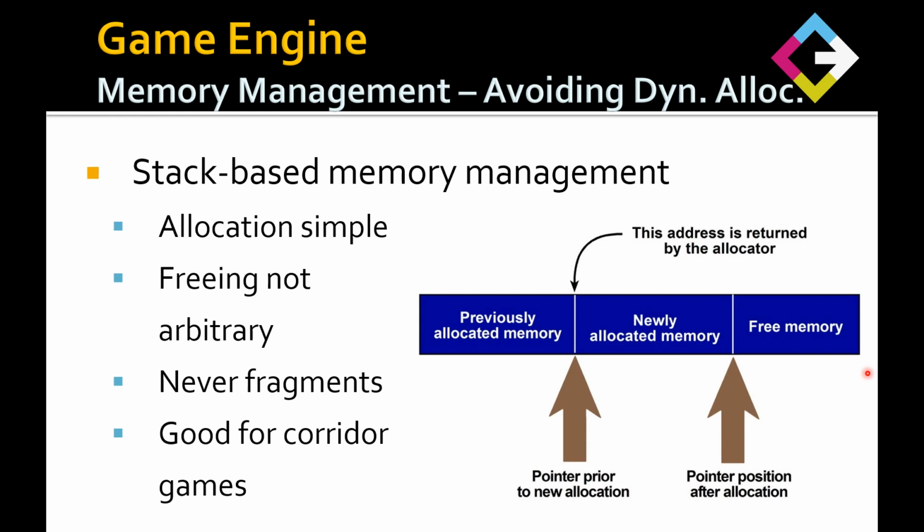This has pros and cons. Advantage is that in corridor games, you just allocate what's needed for the level and unloading of the level is then pretty simple. You just move the pointer back to its origin before the level was loaded. This way, you never get memory fragmentation. That is small holes of memory inside your big array you're managing.